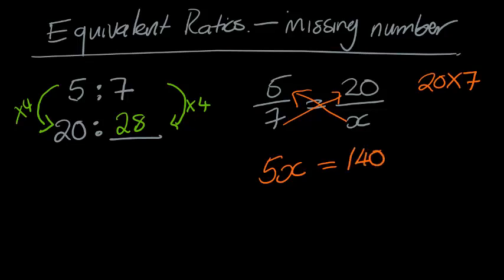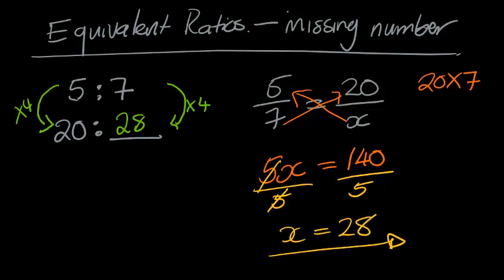So now I've got one line, no more fractions. My next step is to get rid of this 5, so I divide by 5 on both sides. And I am going to say that x is equal to 28. And this is how I would do the two different methods of finding an equivalent ratio.